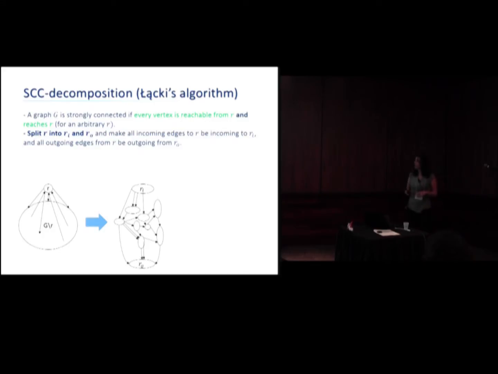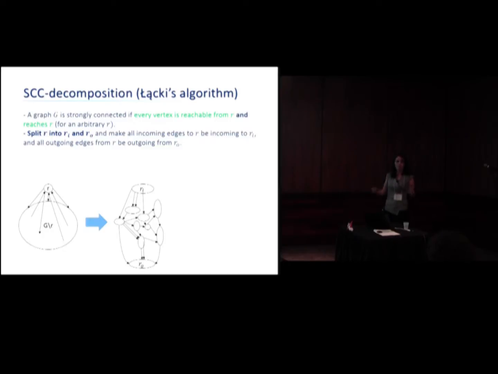So we pick an arbitrary R, we remove it from the current graph, and we compute strongly connected components in the graph without this vertex, in G minus R. So this is the strongly connected components in G minus R. Then we'll just do recursively on each of these components.